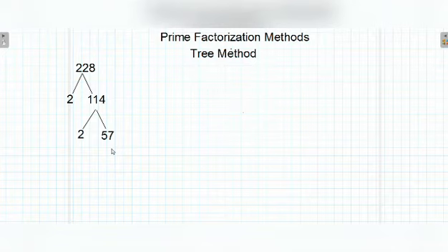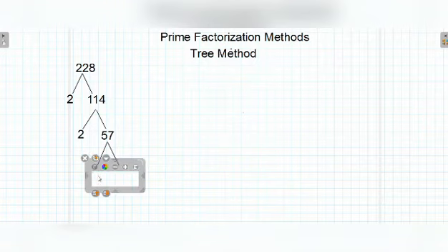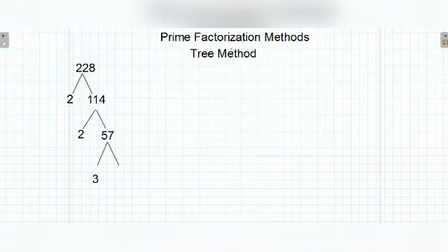So we will factorize more. 57 is a multiplication of the two numbers 3 and 19. So I will write here the number 3 and also the other number, which is 19, and these two numbers are prime factors.